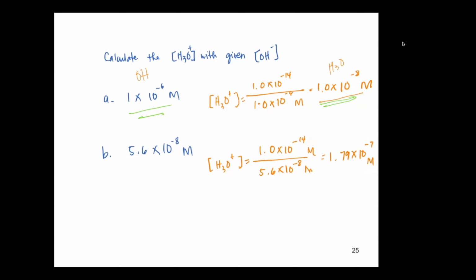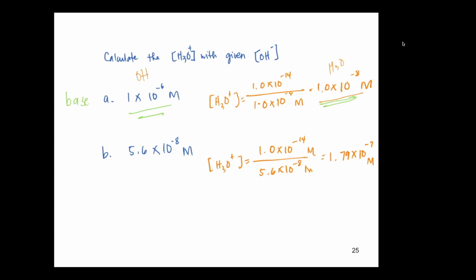But when it's scientific notation, rather than converting to expanded notation, I compare the exponents first. In math, negative 6 is greater than negative 8. Correct me if I'm wrong. So we can say, based on this example, that the OH concentration is greater than the hydronium ion concentration. That is why this compound is considered a base.